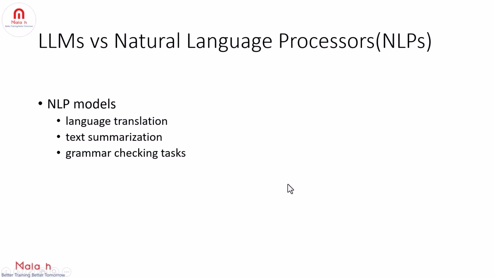And I want to cover one other topic here. LLMs are different from NLPs, that is natural language processors. NLP models were also capable of doing language translation, text summarization, or grammar checking tasks, etc. But we needed a separate model for each of these tasks.